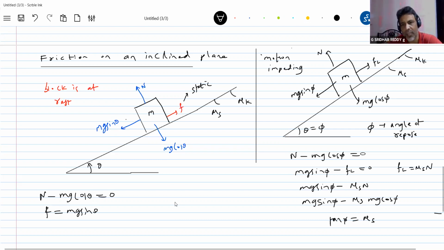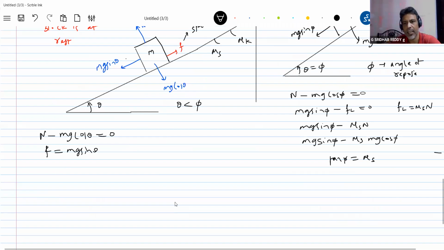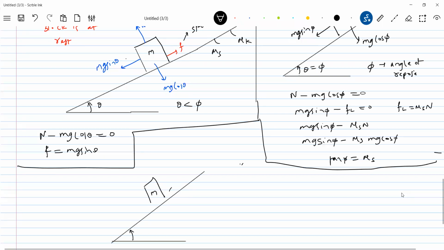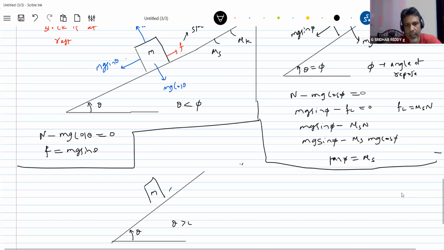So let's further increase the angle. I'm going to increase the angle further and make theta greater than phi. According to the earlier situation, theta was less than phi. Now let me take a situation where theta is greater than phi.